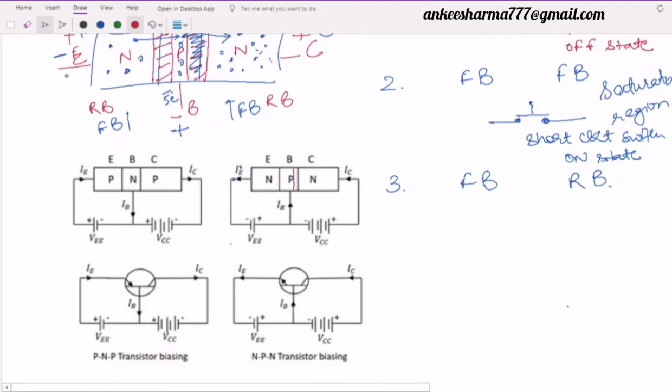This will be the reverse biasing case. So definitely this width will increase. This width will increase. Now due to the increase in the width, what is going to happen?